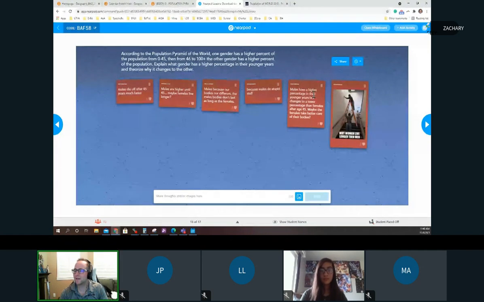Let's see here. Males have a higher percentage in their younger years, but change to the lower percentage. Maybe females take care of their bodies more. I could say that too. This is just anecdotal. It's not evidence-based, but I look at my mom in particular. My mom takes a lot better care of herself than my dad does, right? So I think there's a lot of things there.